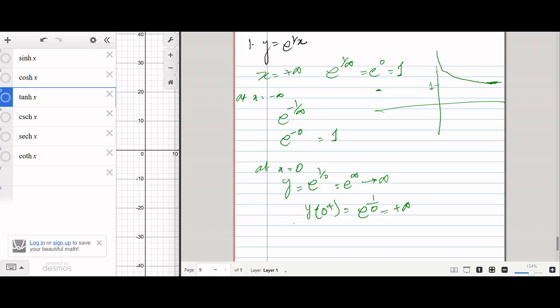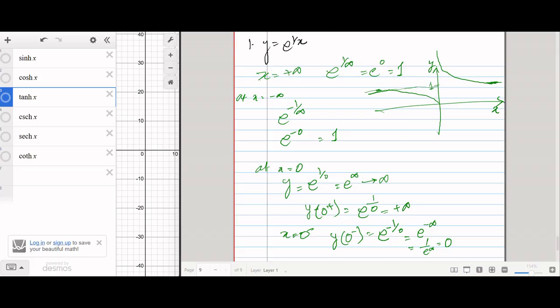But at 0 minus, a little bit on the left hand side, it's 1 by 0 minus, so it's e power minus infinity, which is 1 by e power infinity, so it's actually 0. So it goes like this, and saturates at 1 again. This is y, this is x.